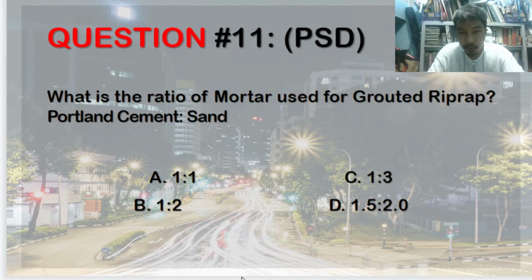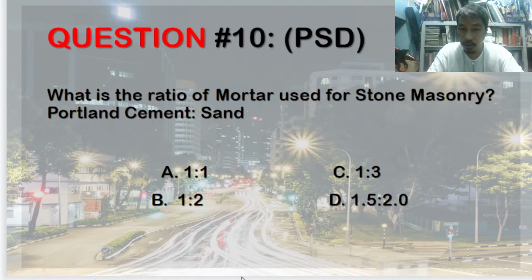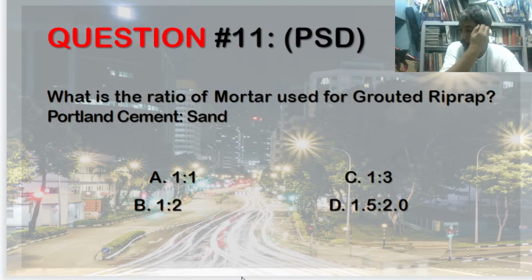Previously, number 10 was for stone masonry; now this is for riprap. A, 1:1. B, 1:2. C, 1:3. D, 1.5:2. For riprap, the correct proportion is 1:3: 1 part cement, 3 parts sand. For stone masonry, 1 part cement, 2 parts sand.